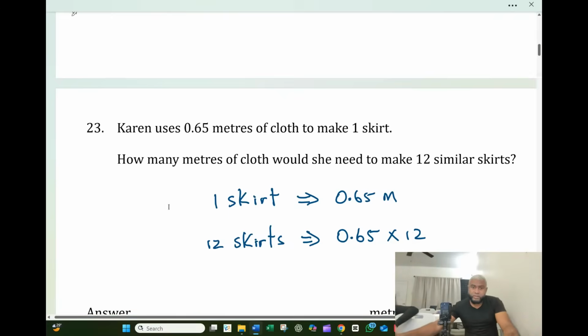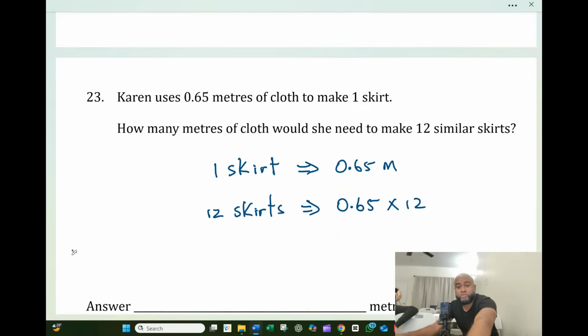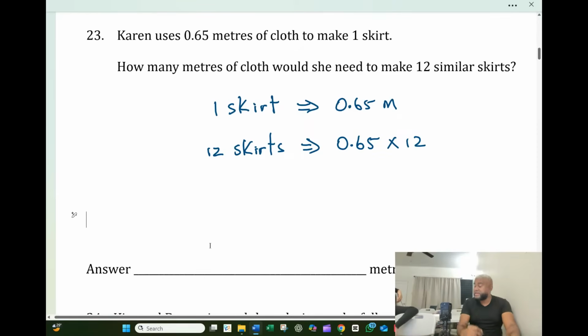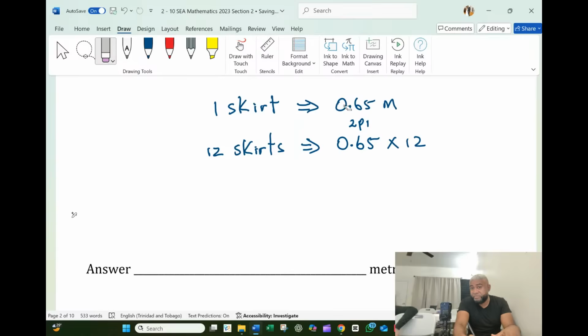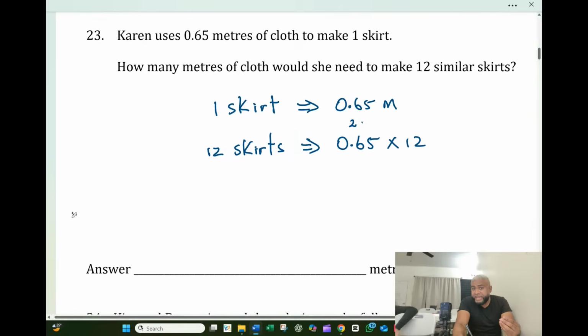Let's work. So I'm going to multiply this decimal and whole number here. I can actually drop the decimal places. Here we have 2 decimal places, right? So I'm going to drop the decimal places and multiply as normal. When I get the answer, I will put back my 2 decimal places. So I put 65 multiplied by 12.